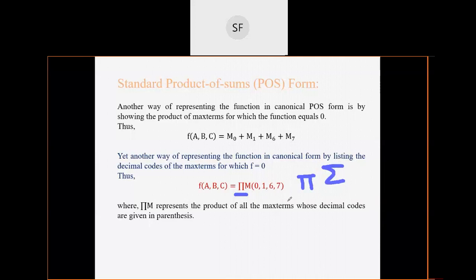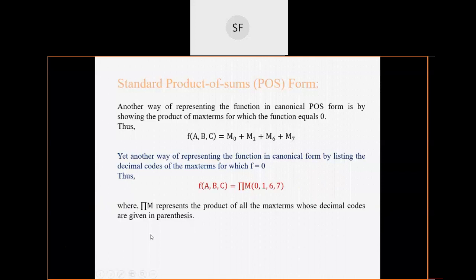Here it is product of sum, so hence it is product of. So function ABC will be the product of max terms 0, 1, 6, 7. These max terms came from the example which we have seen in the earlier slide.